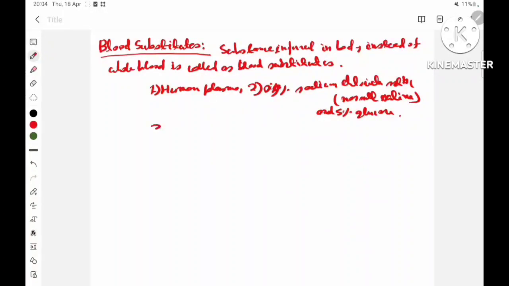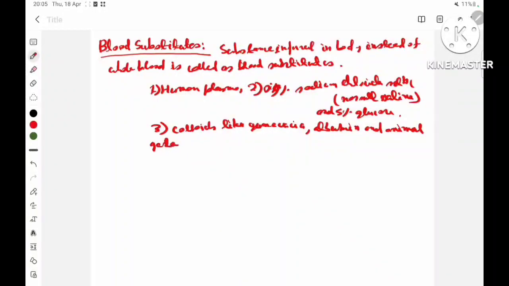Next are colloids like gum acacia, albumin, and animal gelatin. Now these are all about blood substitutes.